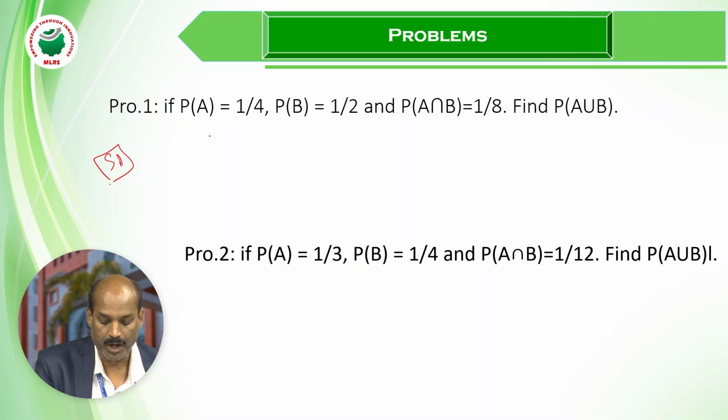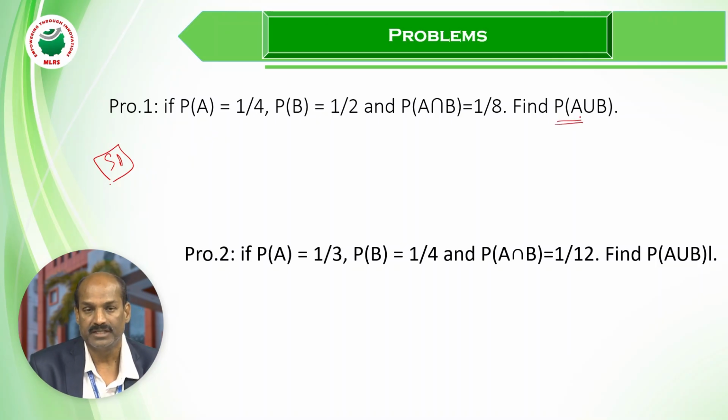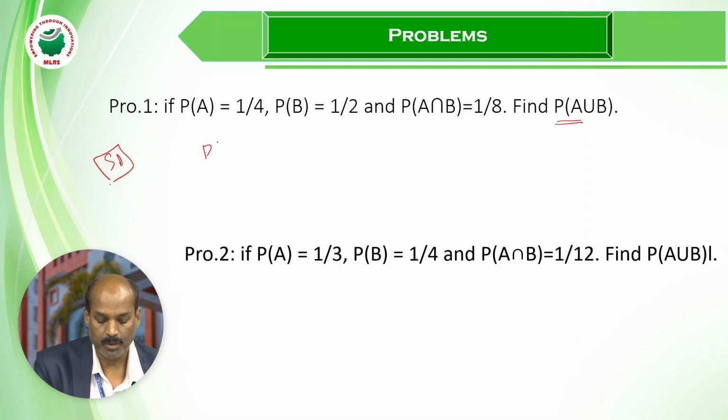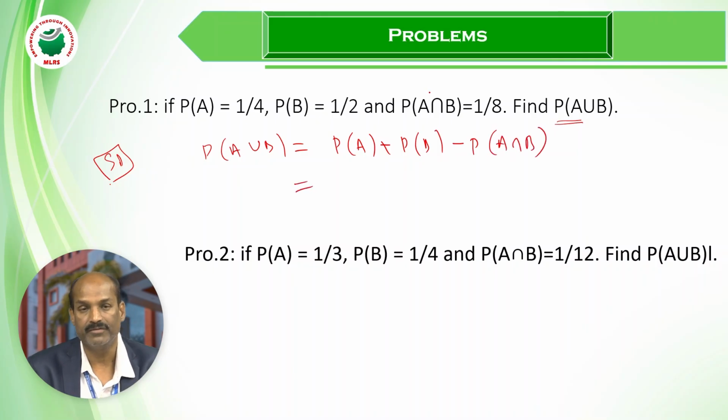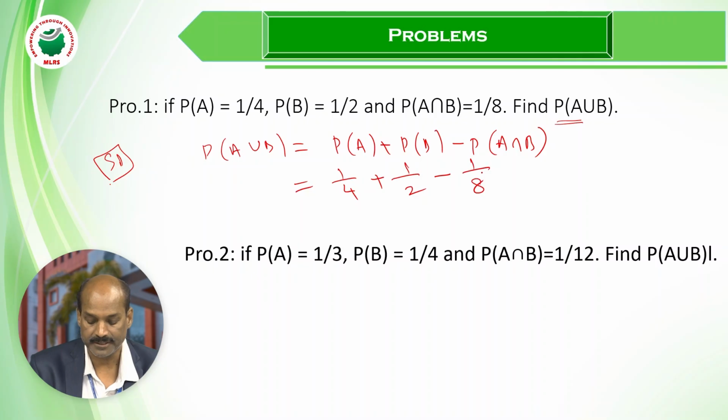Here we have to determine probability of A union B. By the additive rule, we have probability of A union B equals probability of A plus probability of B minus probability of A intersection B. Just substitute the given values: probability of A is 1 by 4 plus probability of B is 1 by 2 minus 1 by 8.